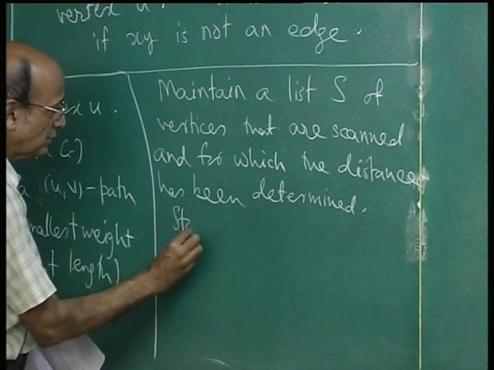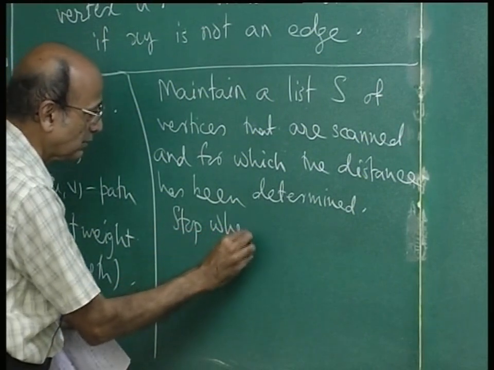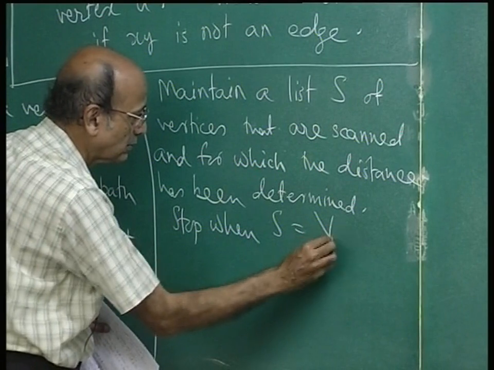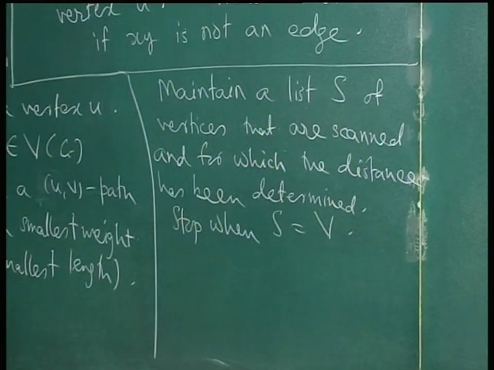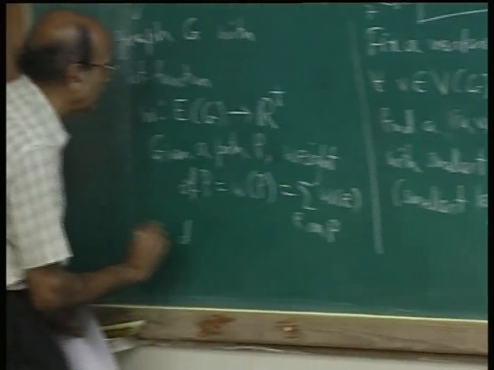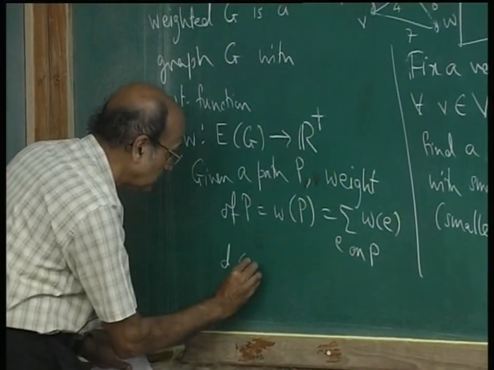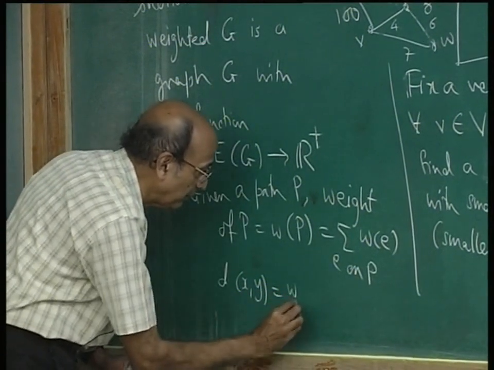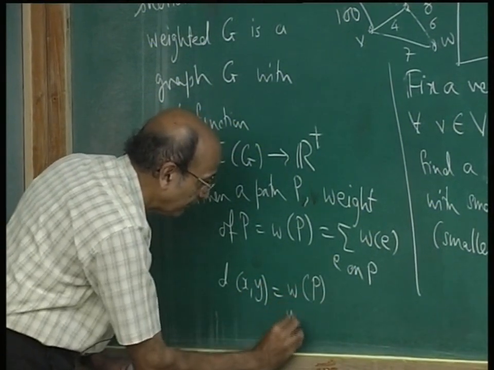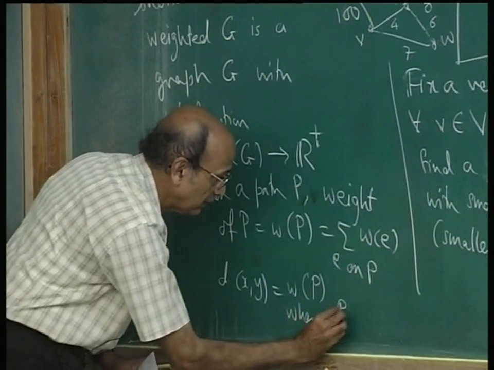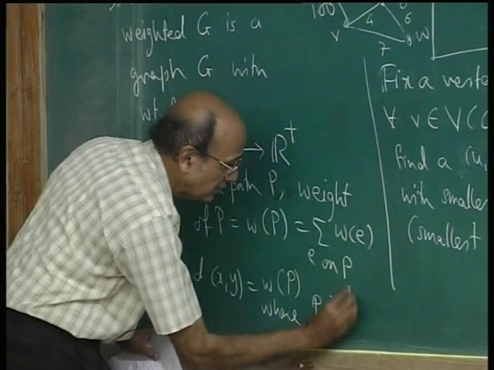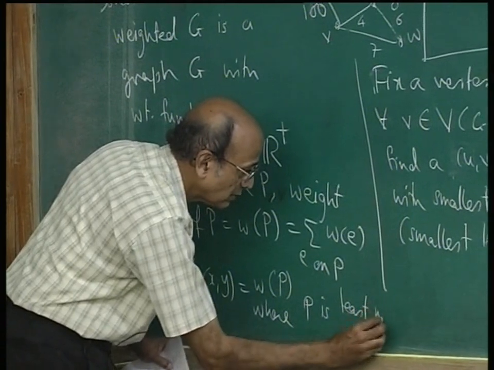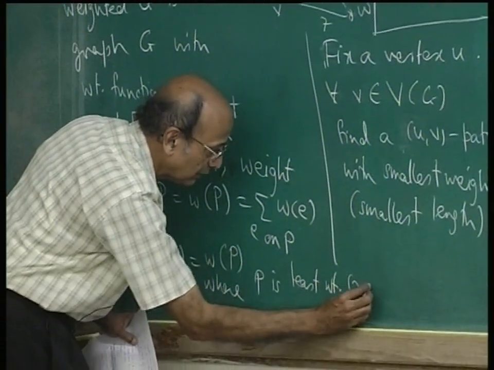I didn't say it here, so I should say this here. Distance between x and y is the weight of P where P is the least weight x-y path.